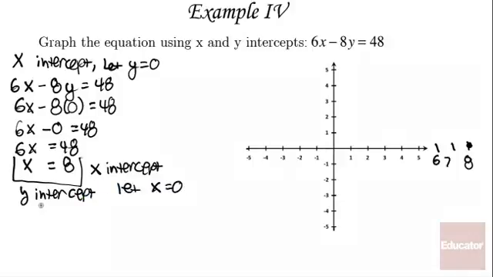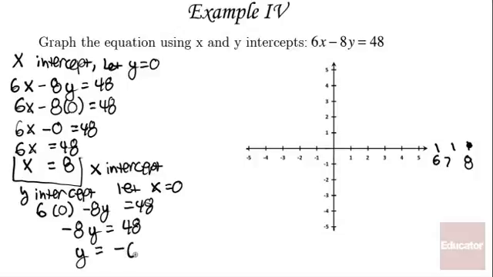I'm going to go back to that original equation, and I'm going to take 6 times 0 minus 8y equals 48. This gives me 6 times 0 is 0, so my x drops out, and I get negative 8y equals 48. To isolate the y, I divide both sides by negative 8, giving me y equals negative 6. So that is my y-intercept.